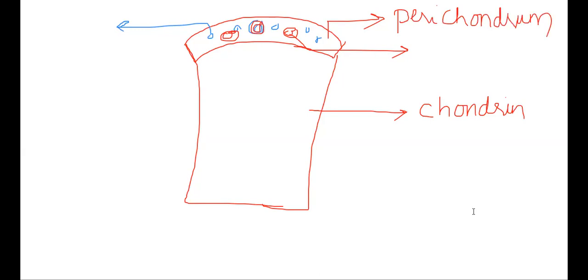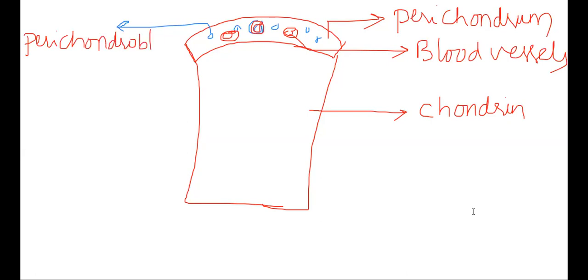Then it contains many blood vessels, and the cells present in the perichondrium are said to be perichondroblast cells. Okay. Then the complete matrix of the cartilage is said to be chondrin.